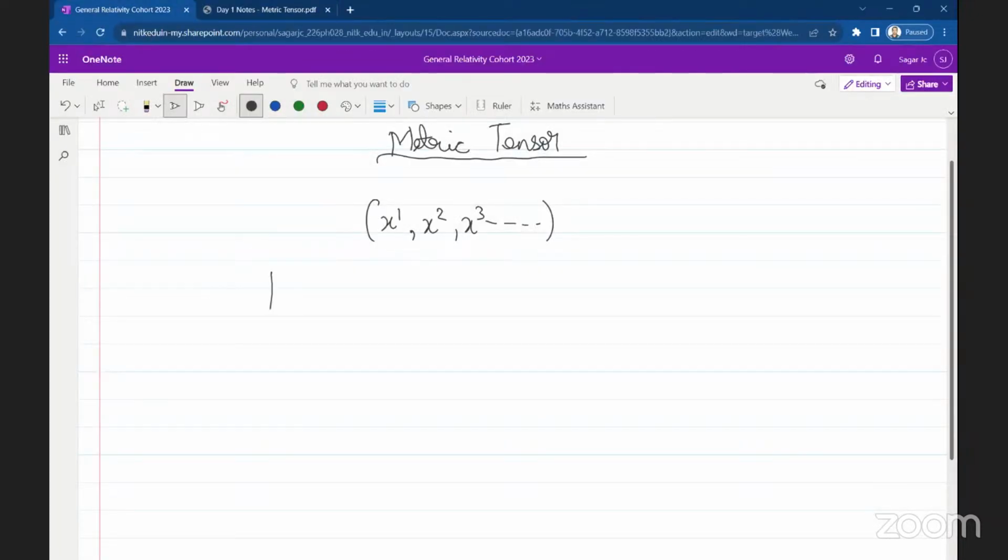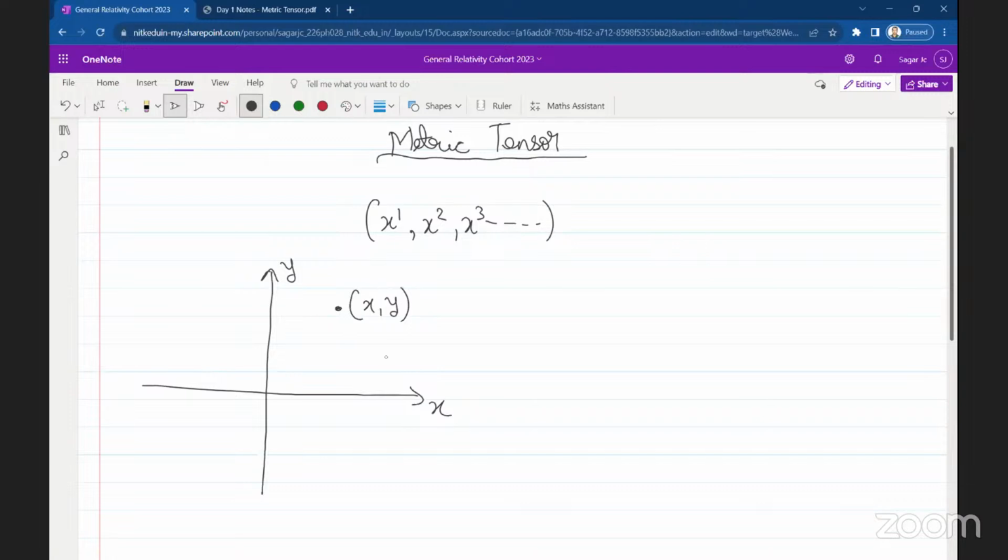So first, we will draw the coordinate lines. This is the x-axis and this is the y-axis. Any point is represented by x comma y, right? And how will you get this?